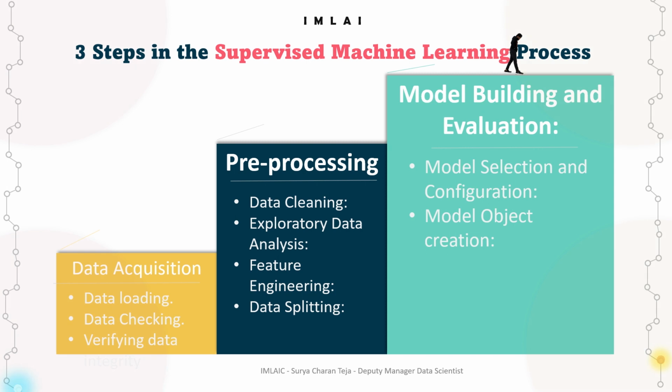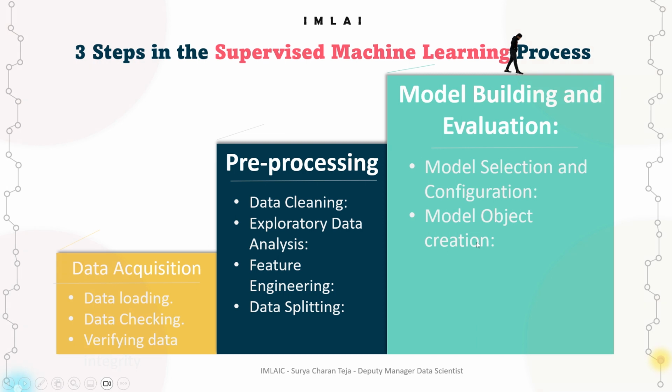If you want to understand the steps you do while working on a model, you need to understand object oriented programming first. Then working with a model is actually a cakewalk. I'm specifically talking about the third step, model building and evaluation.